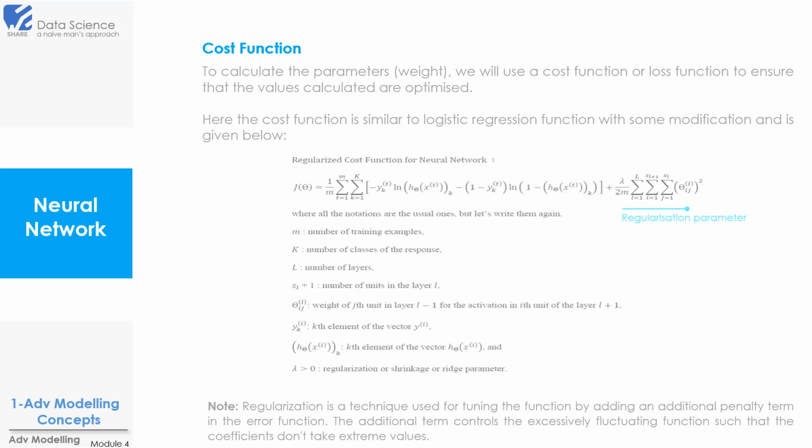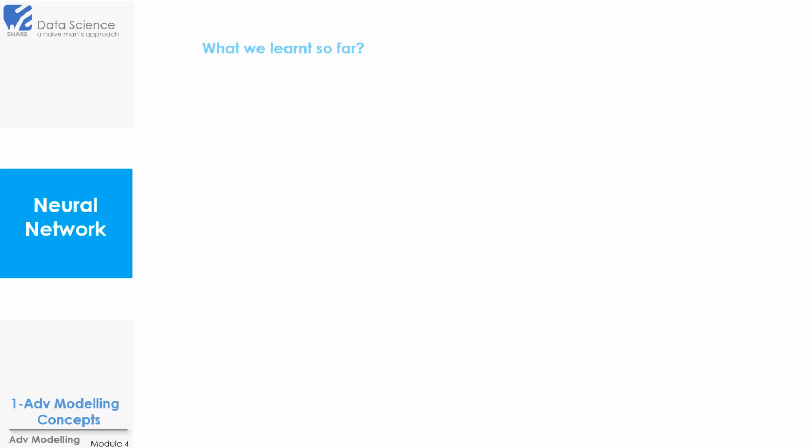Now just to avoid confusion, let's quickly revise what we have covered so far. So a neural network basically mimics the human brain to identify patterns. Then we have the components of a neural network, which are the input layer, hidden layer, and the output layer.